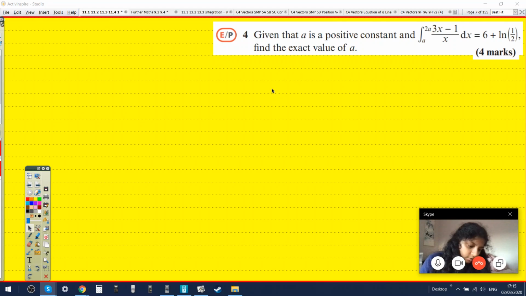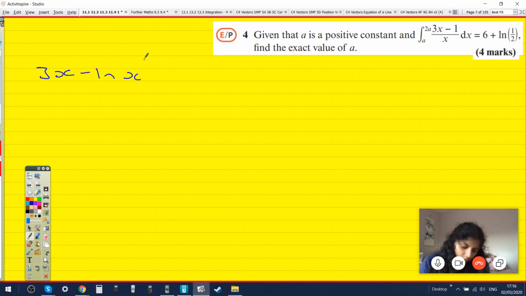So when you integrate that, you would have 3x minus ln x. Yes. And then 2a.